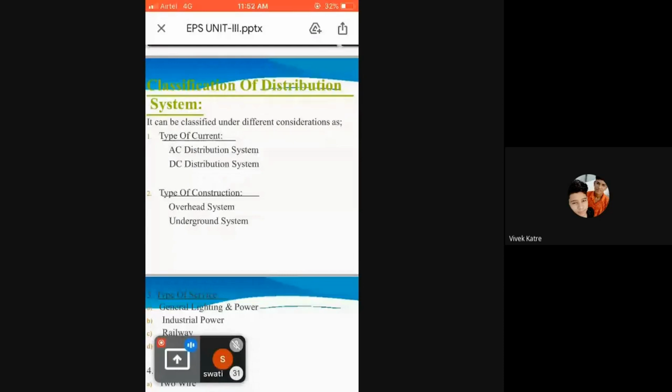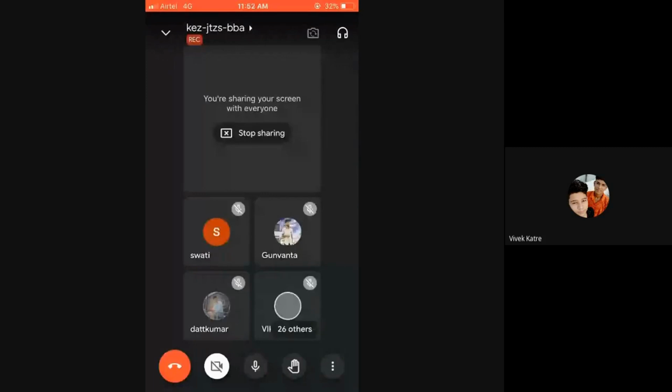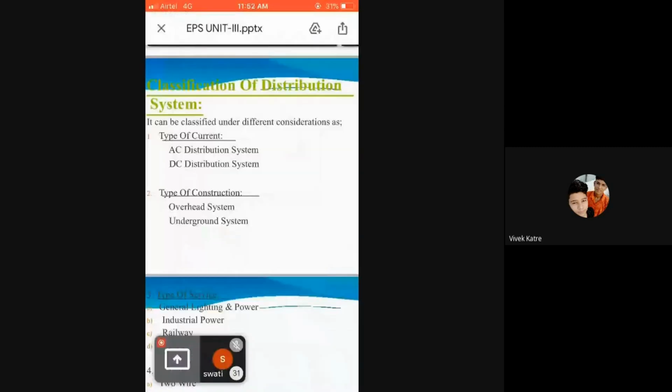Service mains. Okay, what is service mains? The service mains is a small cable which connects the distributor to the consumer terminal. So I am sharing the slides. In the middle circle, there is the substation.